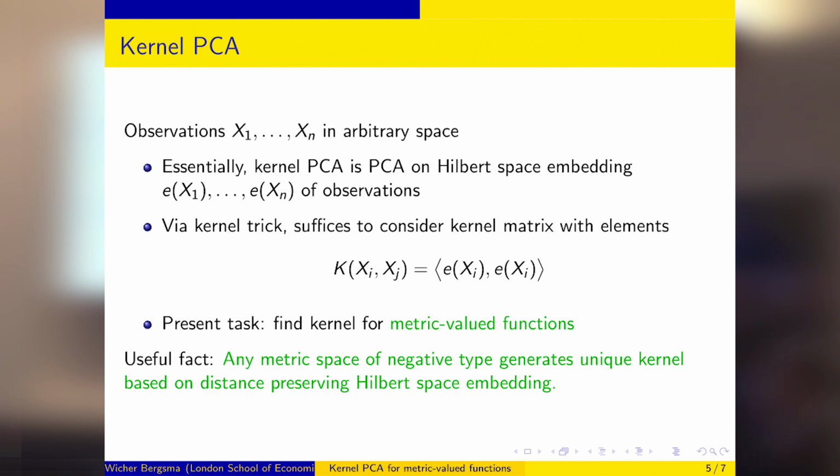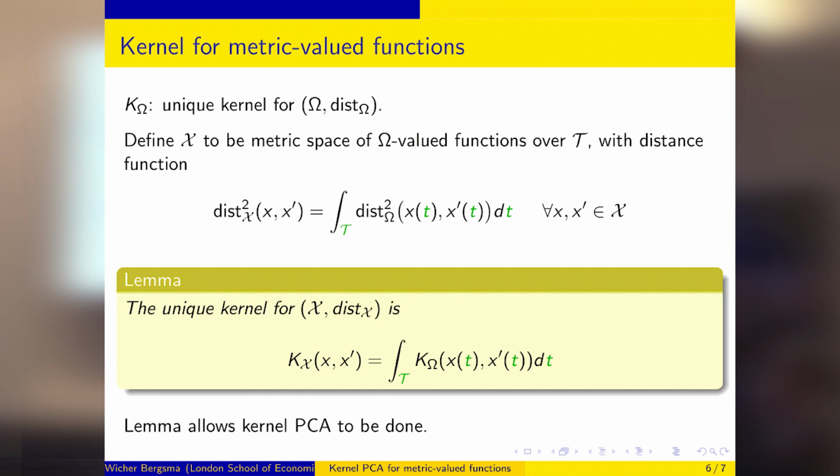So we need to find this metric for the observations. So how can we do this? So there's a unique kernel, so the same omega. The authors consider unique kernel k omega, with lots of literature with examples.